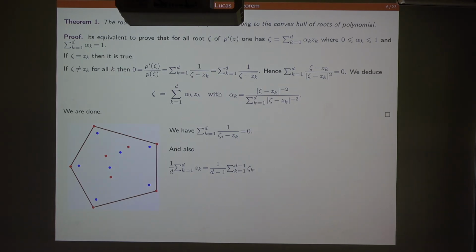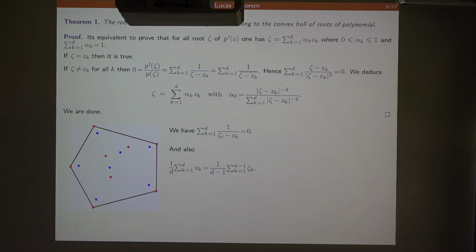I prove this theorem, and habitually the proof is by contradiction, mathematical contradiction.